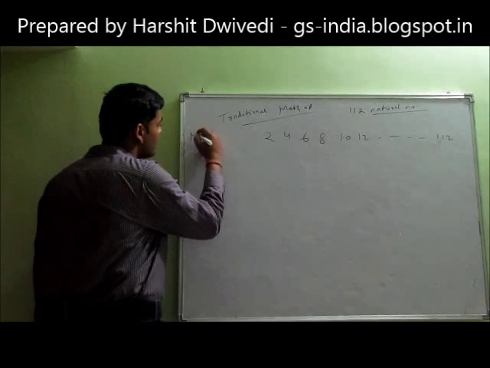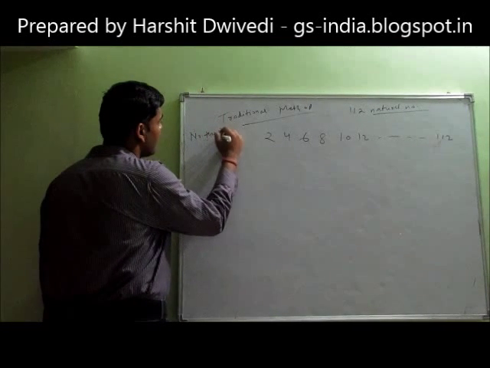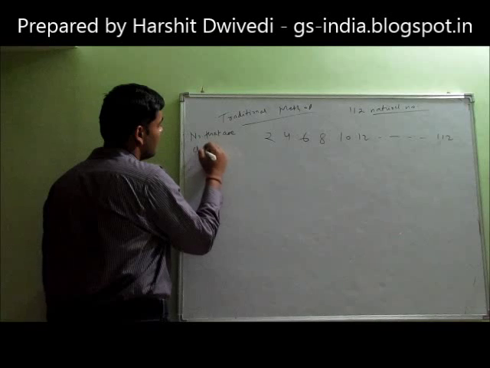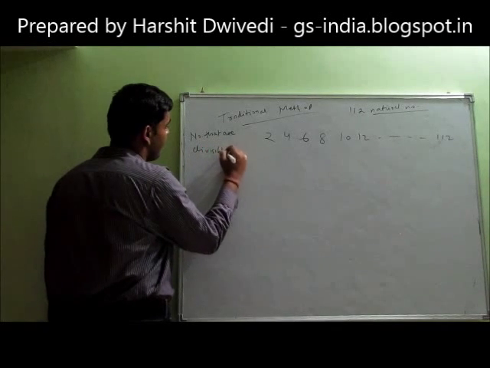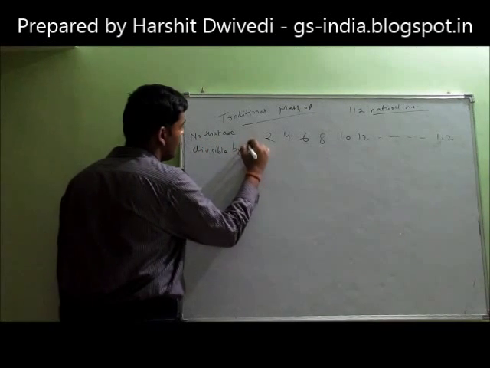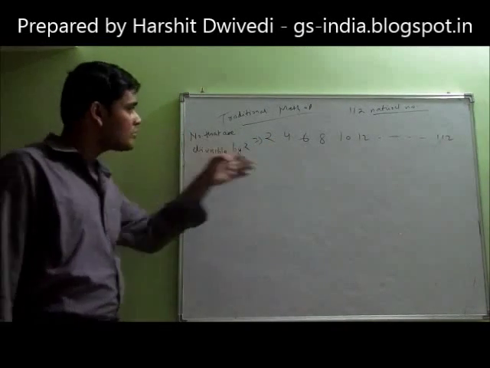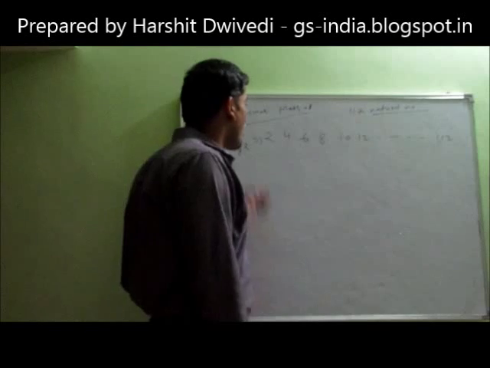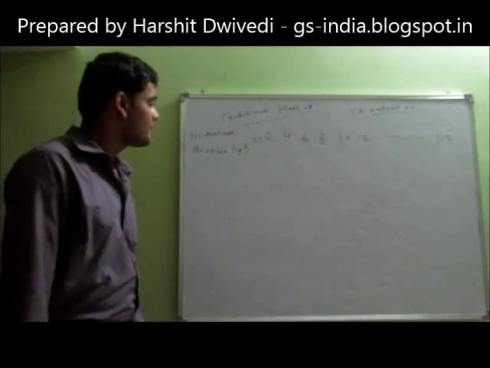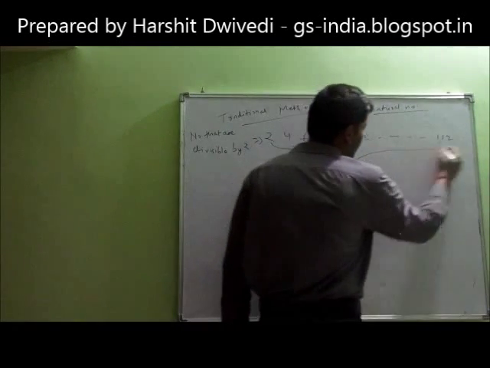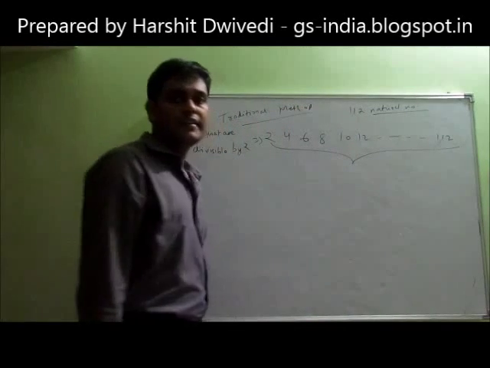These are numbers that are divisible by 2. Okay? So these are those numbers that are divisible by 2. Now how many numbers are there? Let us find out. In order to find out how many numbers these are, there is a formula.